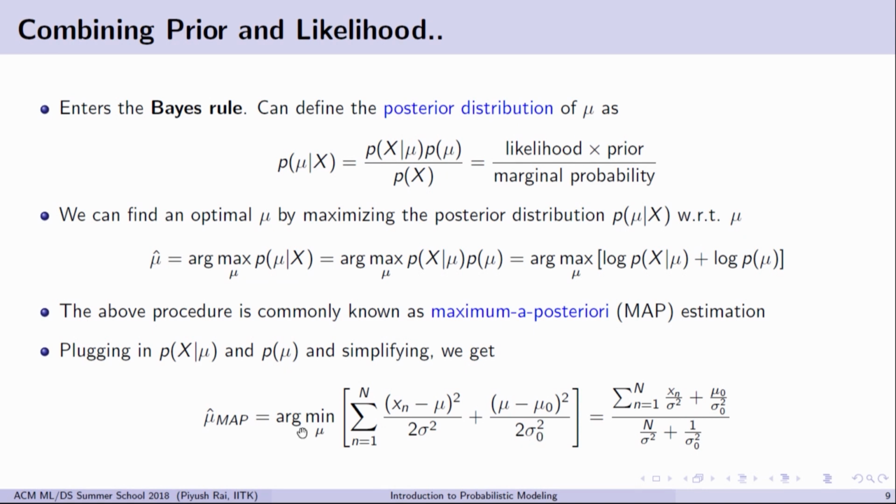Note that I have an argmin here instead of an argmax, because these terms are originally negative, so I have just subsumed the negative, which turns argmax into argmin. Also, when simplifying, I have ignored any terms that do not depend on mu, because they do not matter in this maximization problem.